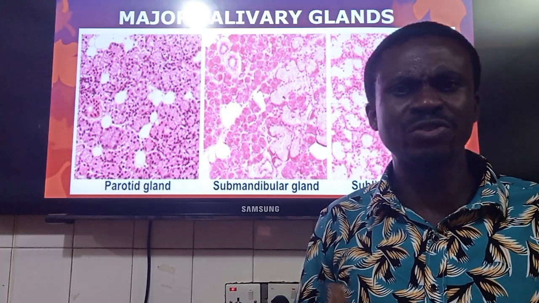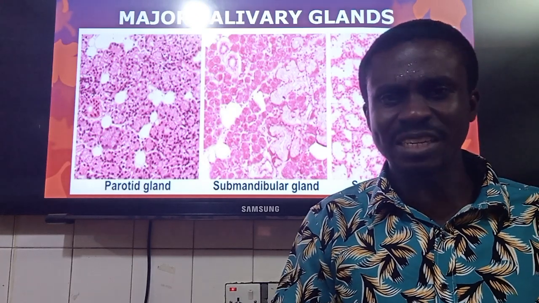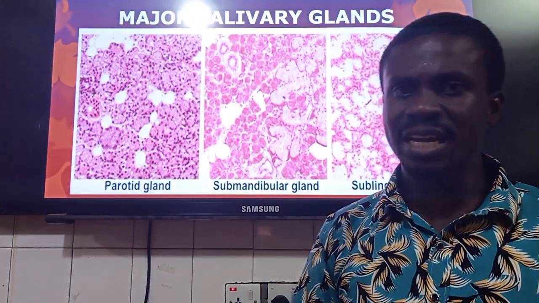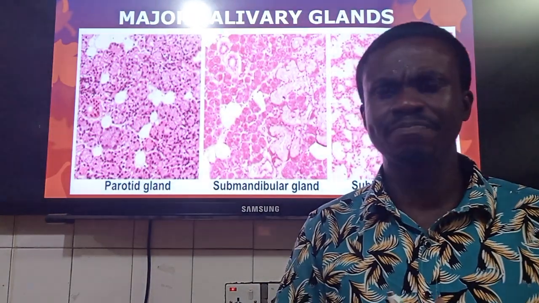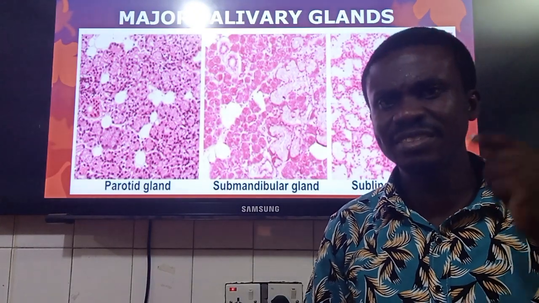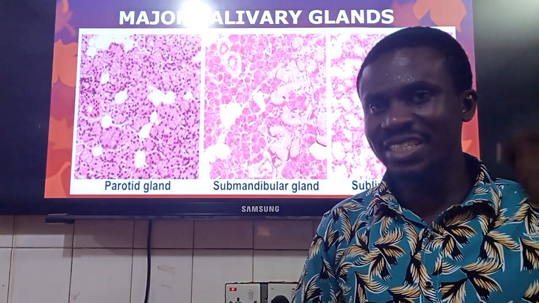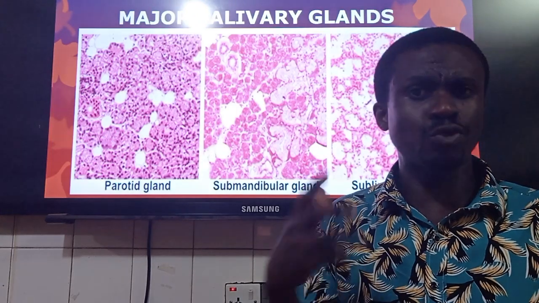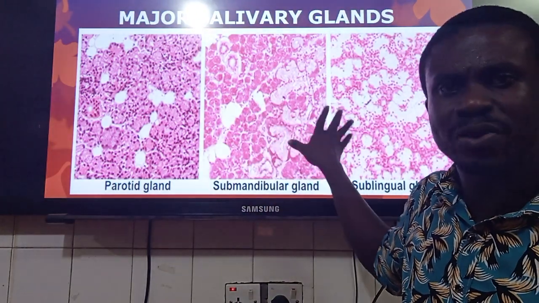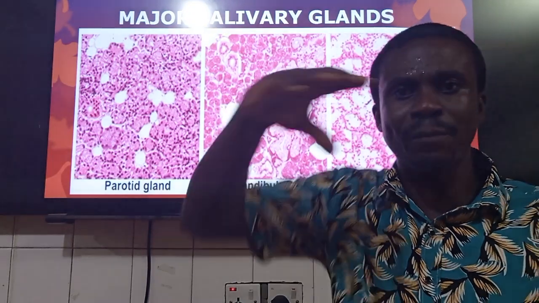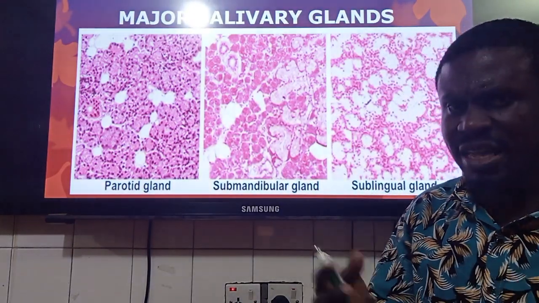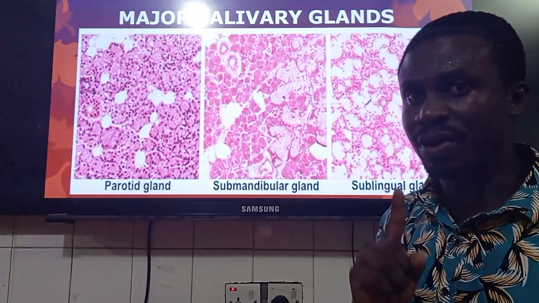Because of something we call mucogen swelling, the mucous acini push the serous secretory cells away, so that they form a cap, something we call a serous demilune. Whenever you talk about serous demilunes, you will find them associated with the submandibular gland or the sublingual gland, as a cap of serous secretory units on mucous acini. That's one thing I want you to know.